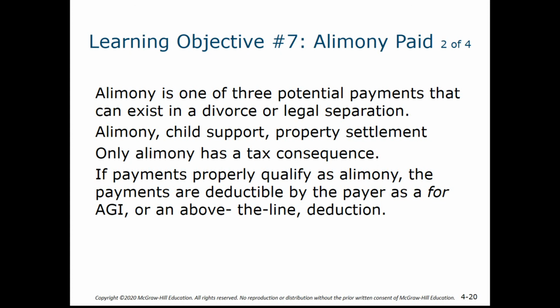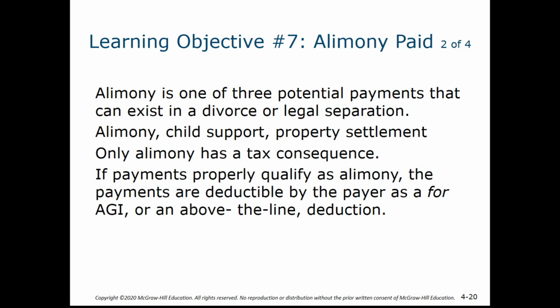Another deduction for AGI above the line is alimony or maintenance. So there are three types of payments that relate to divorce or legal separation: alimony or maintenance, child support, and property settlement. Only alimony has a tax consequence. So if a former spouse pays alimony to a previous spouse, then the taxpayer who pays the alimony may deduct it for AGI above the line.